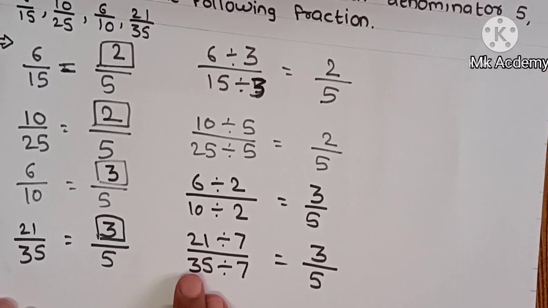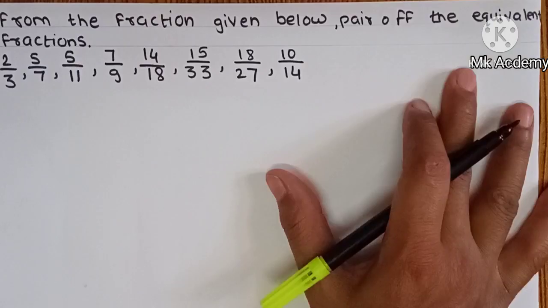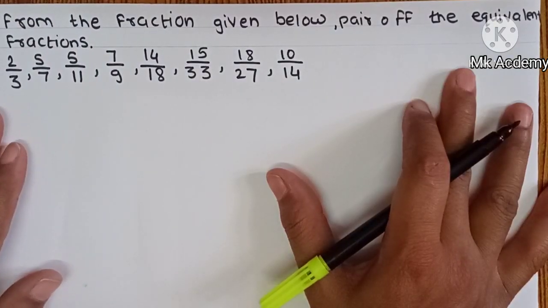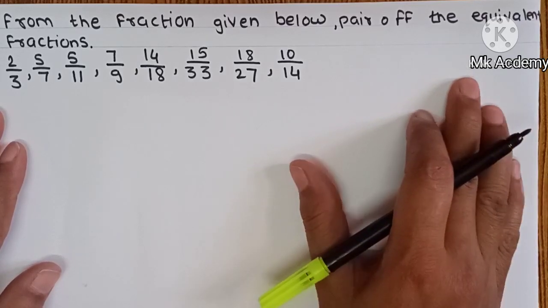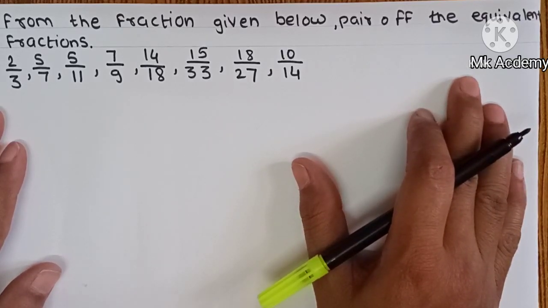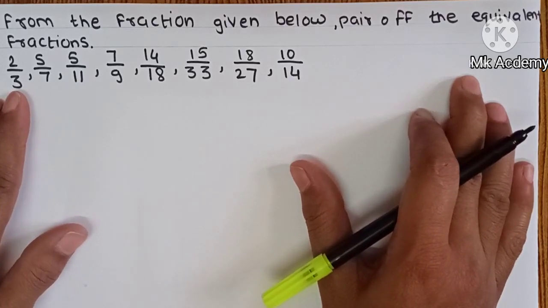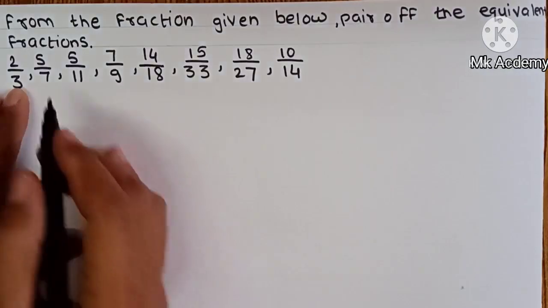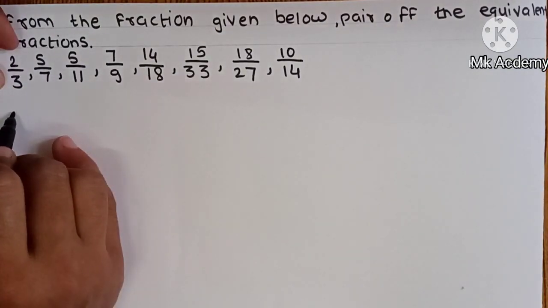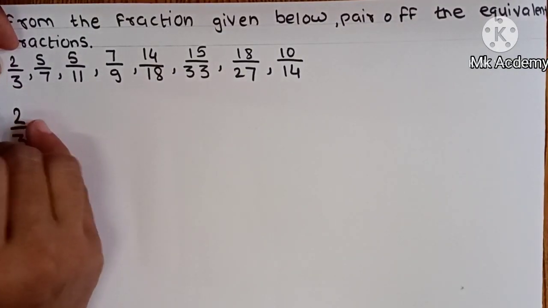Now question number 4. See question number 4. From the fractions given below, find pairs of equivalent fractions. We have been given some fractions and we have to pair the equivalent fractions. Now the first fraction is 2 upon 3.